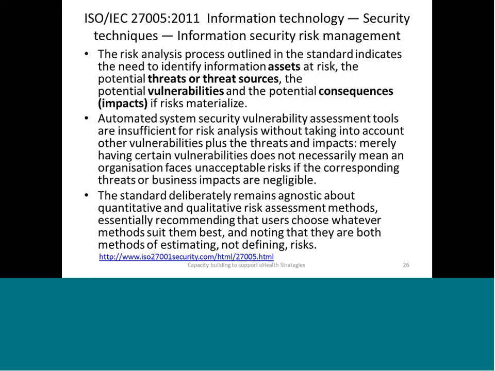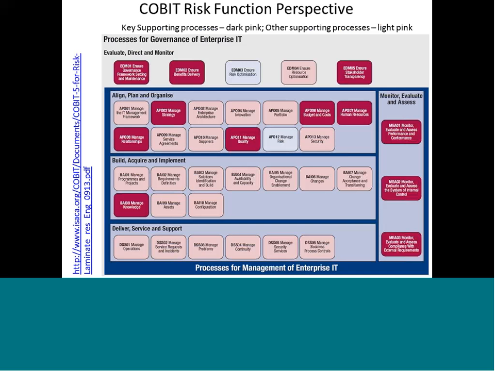And then I wanted to end with looking at the COBIT risk function perspective, because as last Friday when we were using COBIT as a framework, you'll see that the different processes that it has within it are of differential relevance to, in this context, risk management.